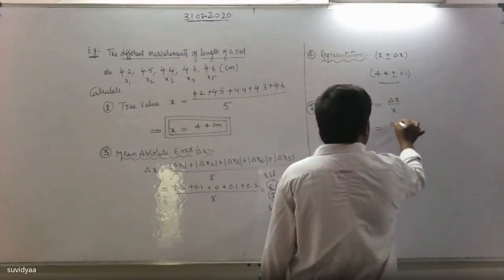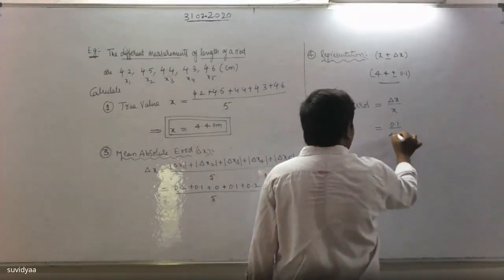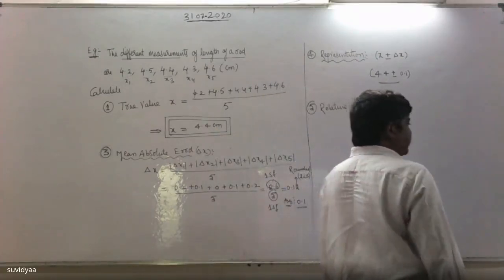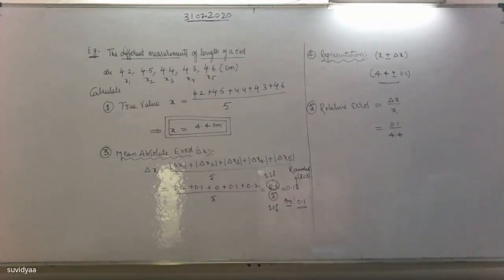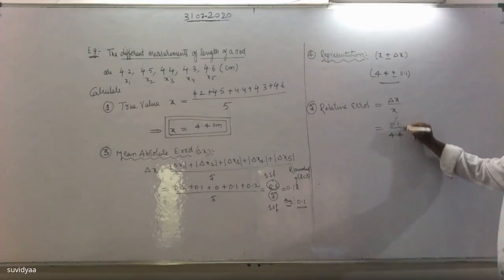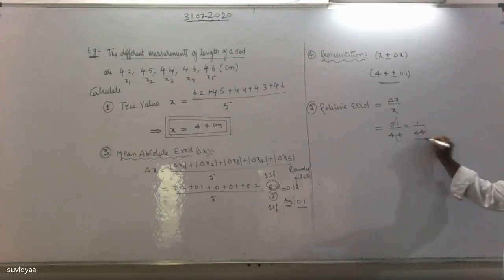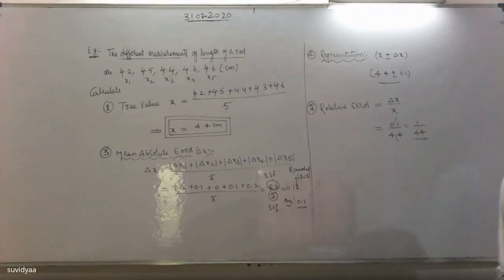So 0.1 upon x. What is the value of x? 4.4. Understood or not? 0.1 by 4.4. Remove this decimal, and remove this decimal. That is 1 by 44. That's all. This is the relative error. 1 by 44 is the relative error.